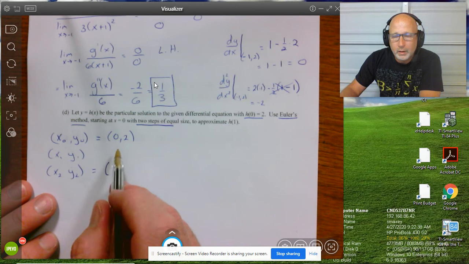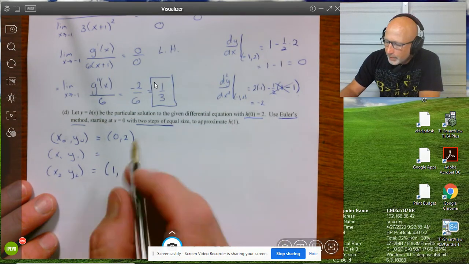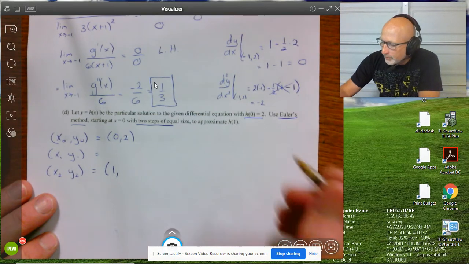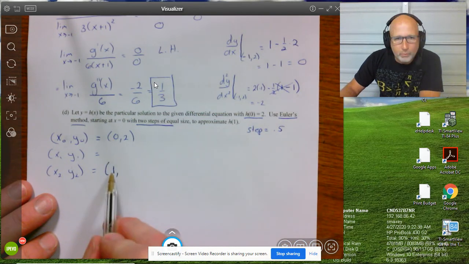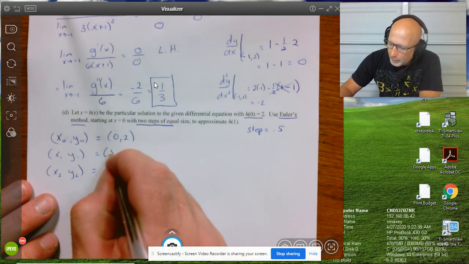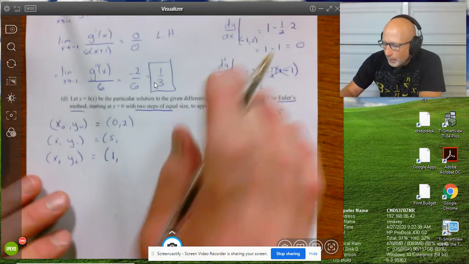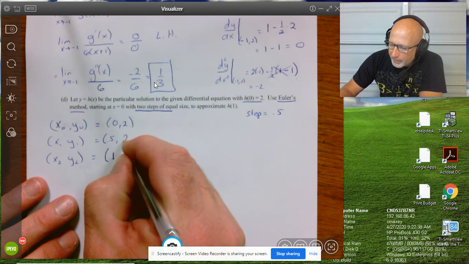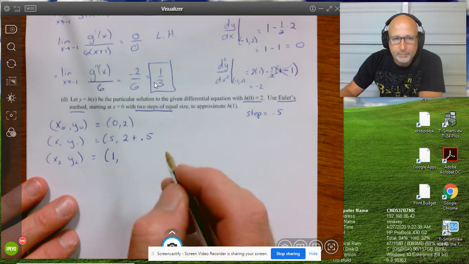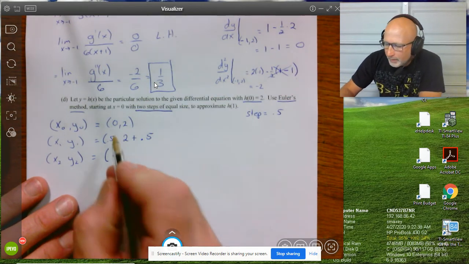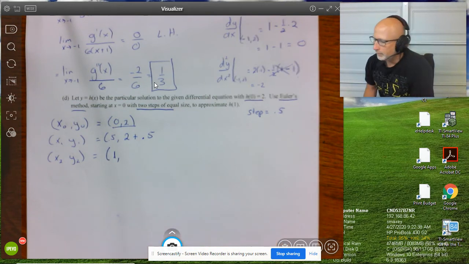So what is the y value when this parameter turns out to be 1? If I'm taking 2 steps of equal length, that means my step is 0.5, because I'm going to go from 0 to 1 in 2 steps. Now how do you figure out the y value? If you remember, you start off with the prior y value, plus you add on the step, which is 0.5, times the derivative evaluated at the point (0, 2).